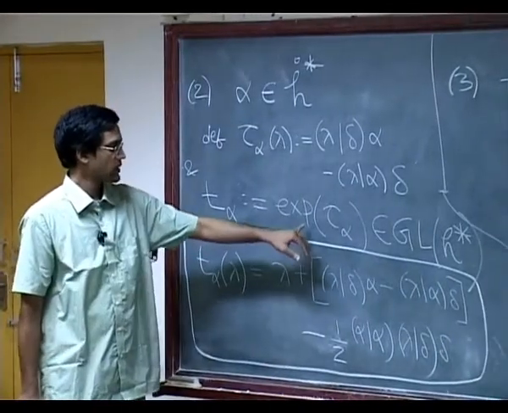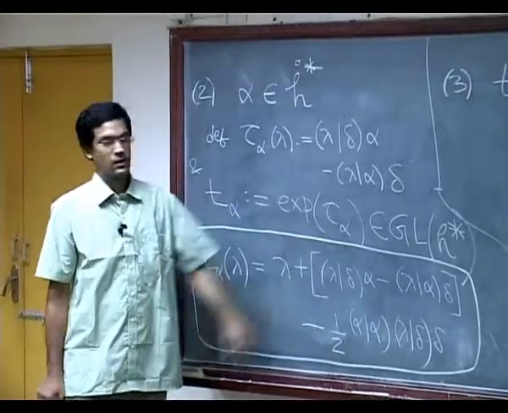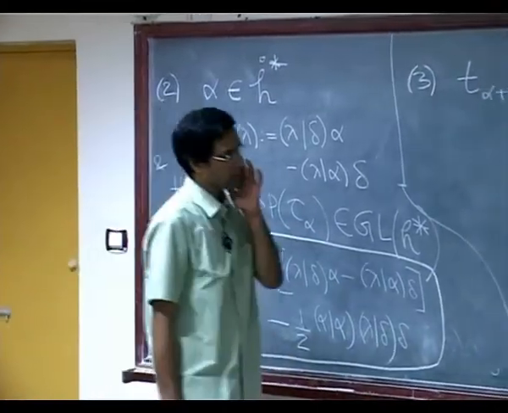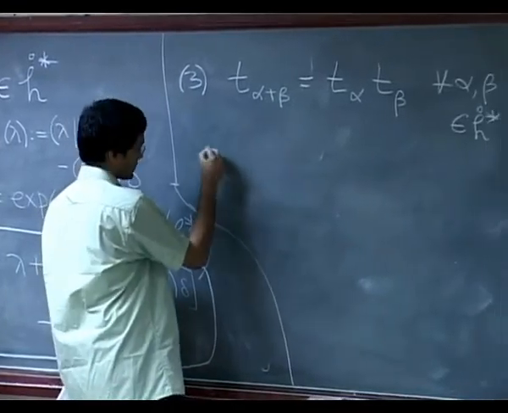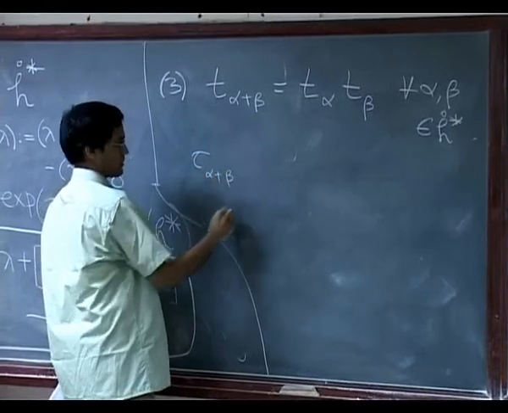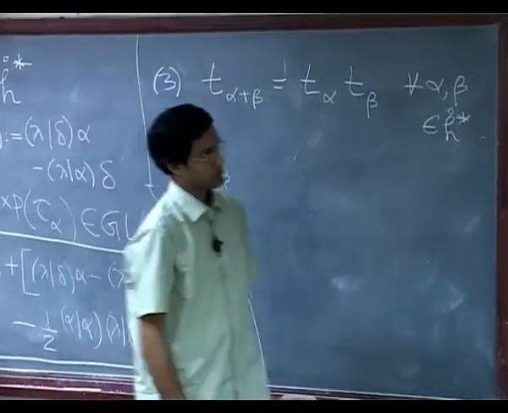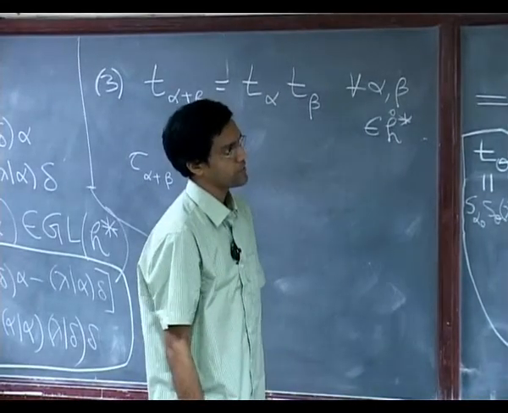So all we need to do is look at what is exp of tau of alpha plus beta. The thing to analyze really is what is tau of alpha plus beta. The definition of tau is that it's a linear functional.